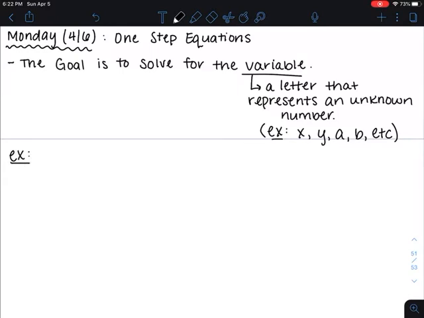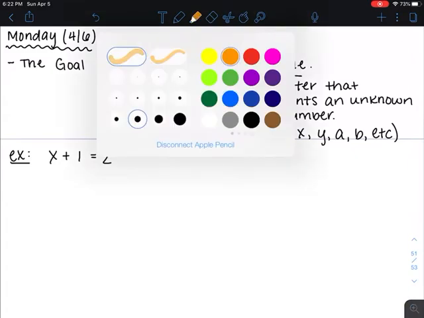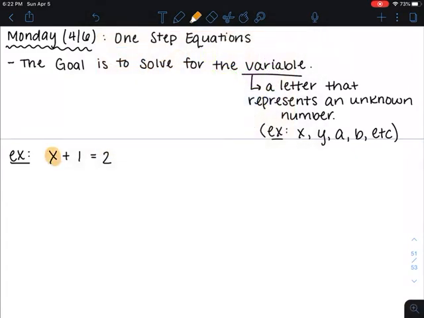So, just throwing us into this just to show you how to do it. If I said you had X plus 1 equals 2, basically that's saying what plus 1 is 2. Well, we know that 1 plus 1 is 2, so we know X is equal to 1.